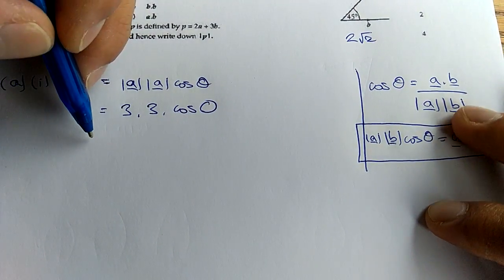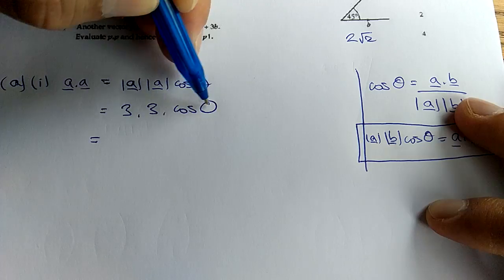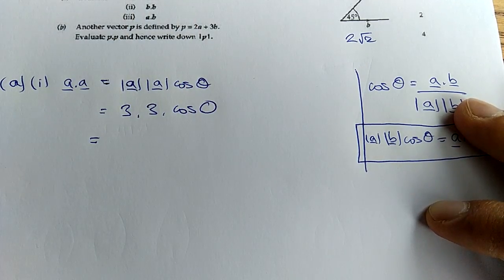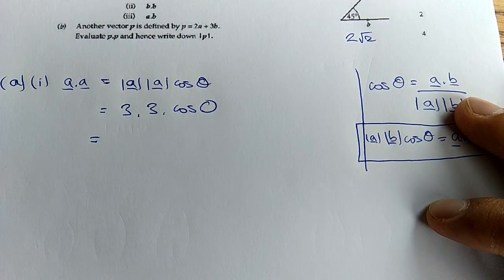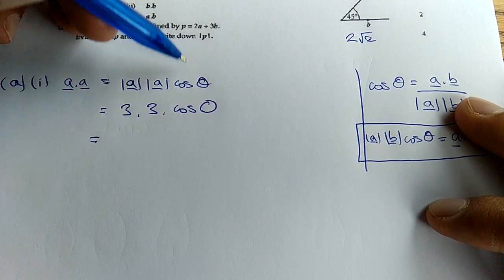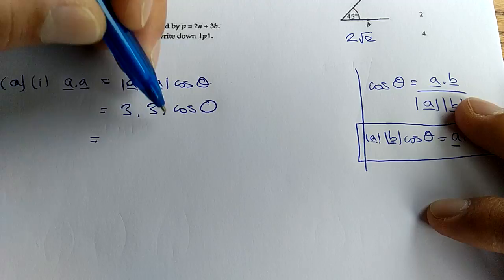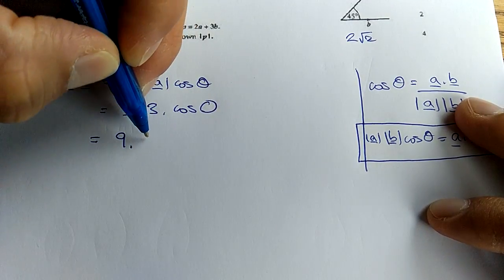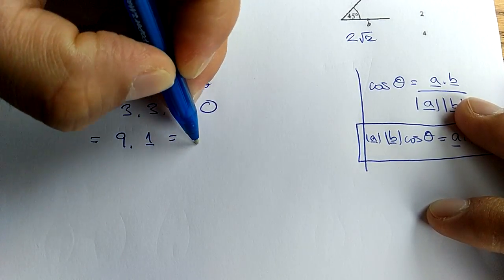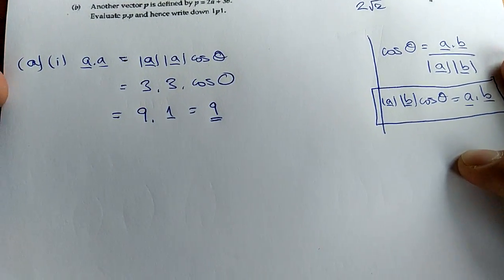So simple as that. You could just ignore this altogether and just have magnitude of A times magnitude of A. However, for the purposes of this video, I want to keep it complete in case people start wondering. So to avoid questions, I'm putting it in. So 3 times 3 is obviously 9. Cos of 0 is 1. So 9 times 1 is just 9. That's that first bit done.